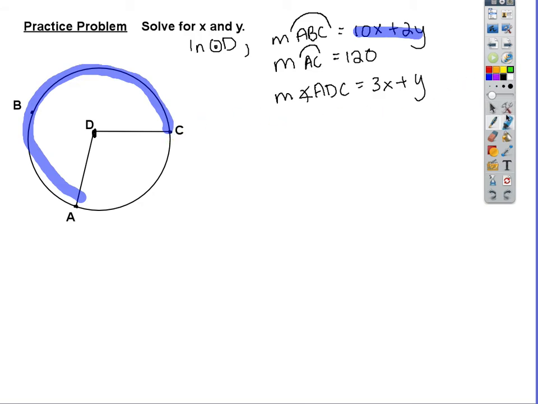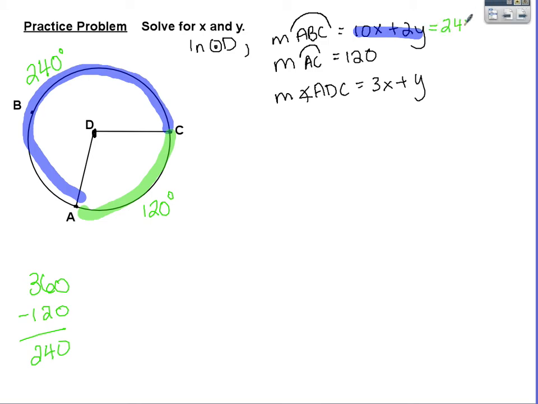A to C is 120. That's helpful because 360 minus 120 gives me 240. So on the other side of the circle, this major arc would be 240. So not only do I know that ABC equals those variables, but I also know that it's 240 degrees.